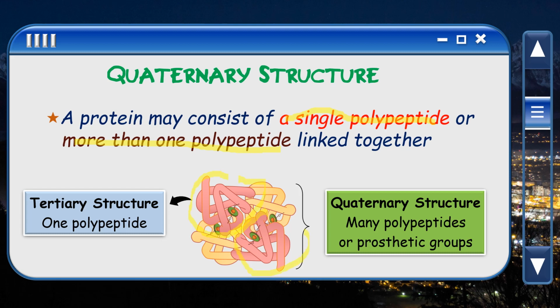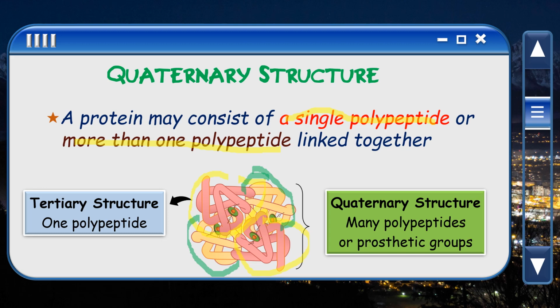They are the same type of polypeptide, but they are joining together. And then you have another one outside there, which is the same polypeptide as this one. So we are having 2 identical polypeptides joining together. That's why we are saying it might be a single polypeptide or more than one polypeptide linked together.